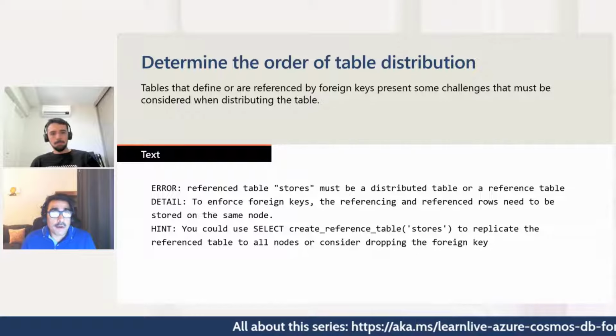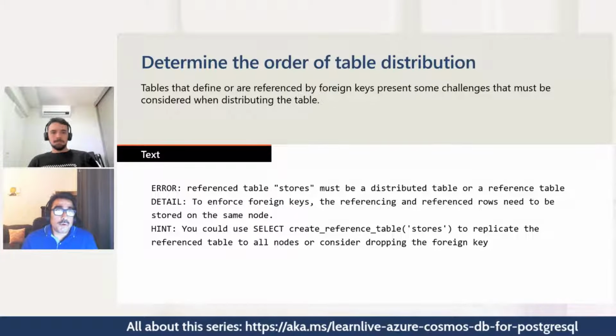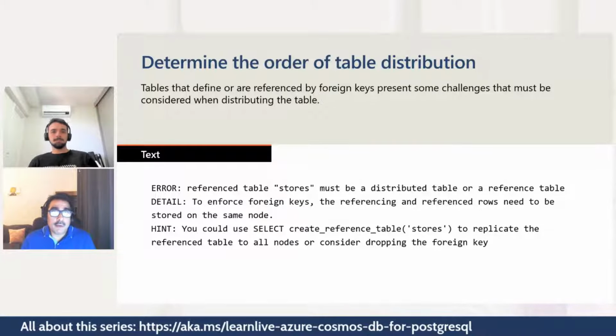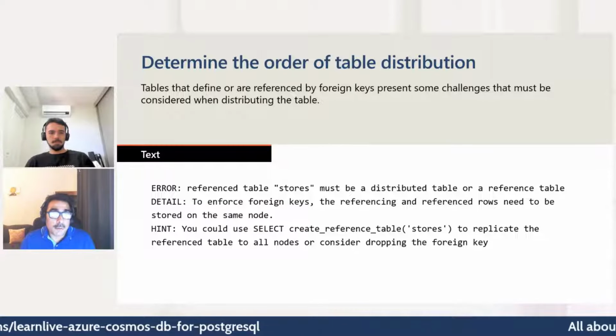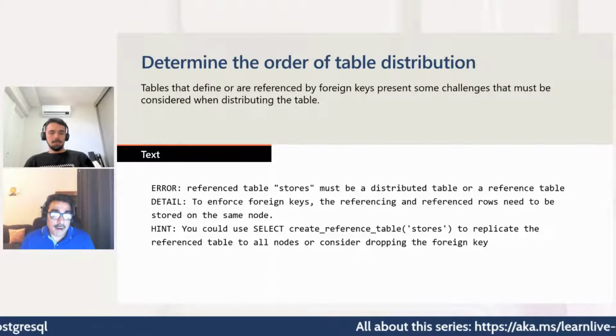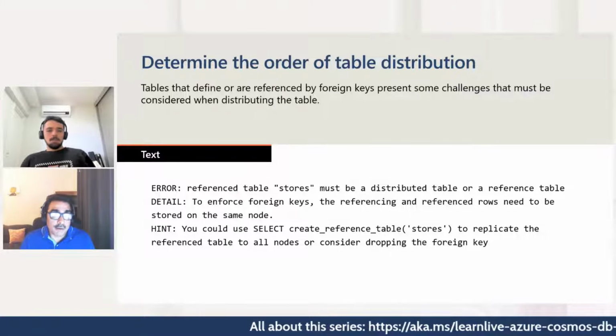Now, while you choose to distribute, keep in mind the order of table distribution is important, because if you don't follow the order, you may land up with an error, which is being shown here on the slide.